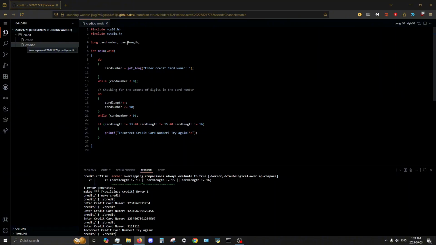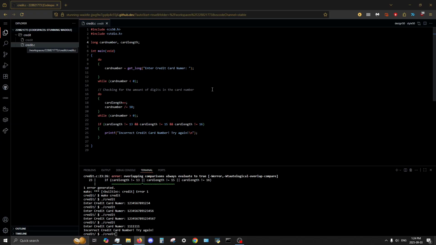We only set it as a long, and so dividing by 10 because it's a long divided by an integer. Every time you divide it by 10, it removes the last number.